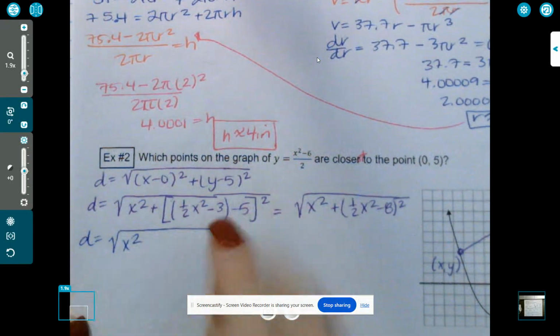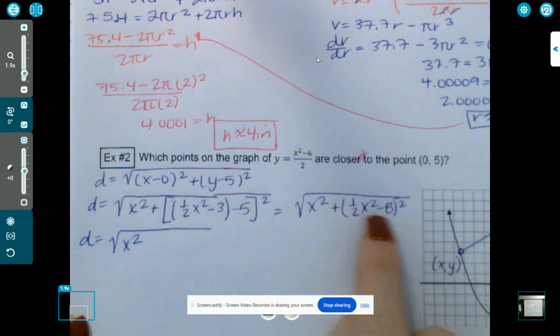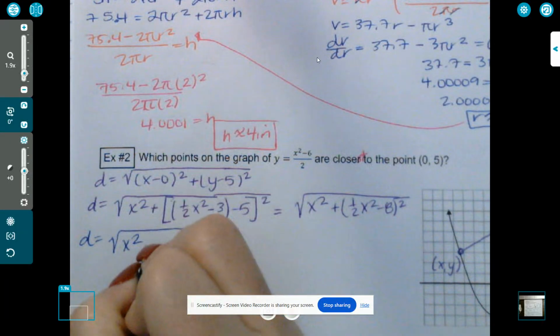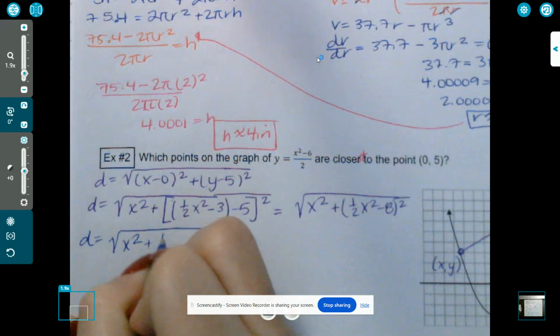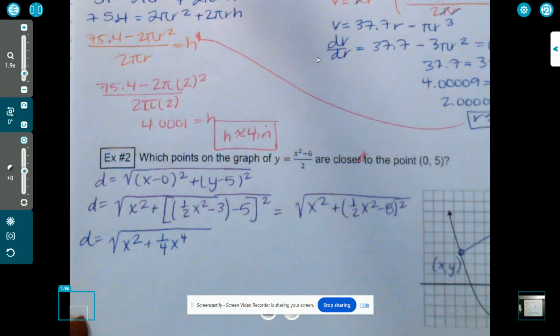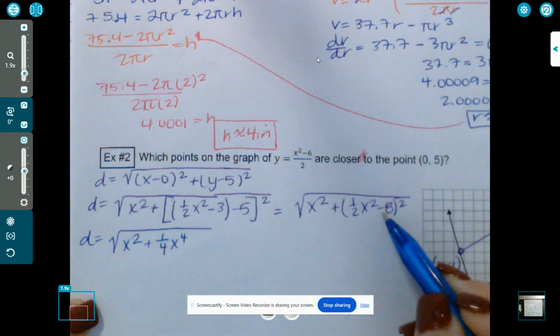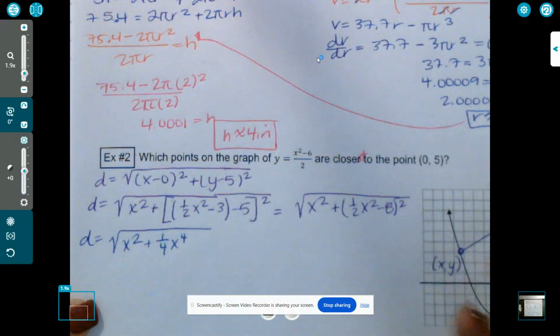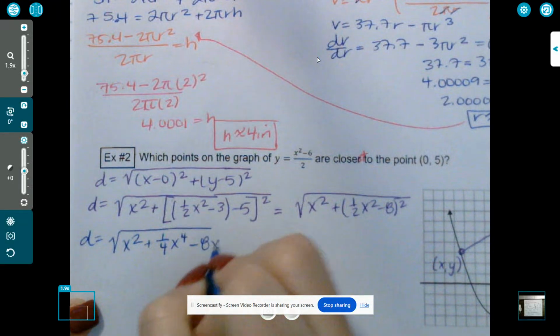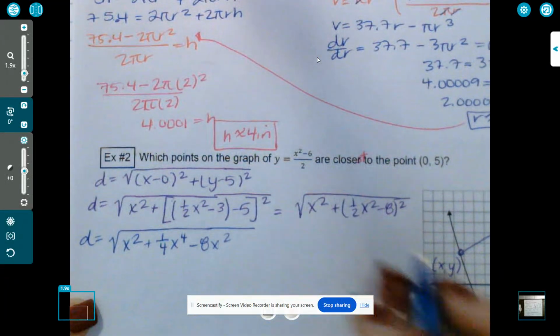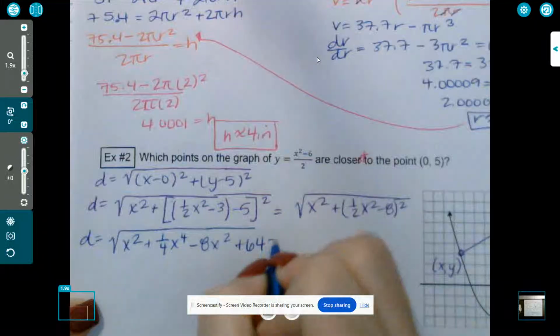that would be x squared, and we're going to FOIL this out. This right here, we're going to FOIL this out. So 1/2 x squared times 1/2 x squared is going to be 1/4 x to the 4th. Okay, and then we would have 1/2 times negative 8, so that's going to be negative 4x squared, and there's 2 of those, so that's going to be negative 8x squared. And then negative 8 times negative 8 is positive 64.